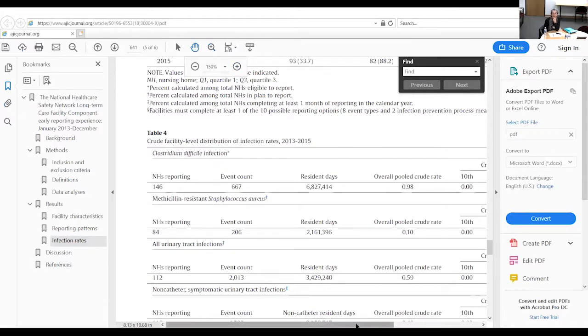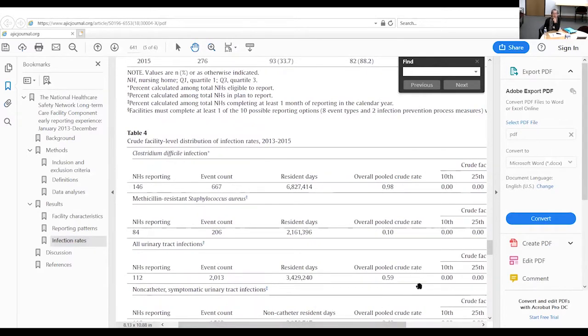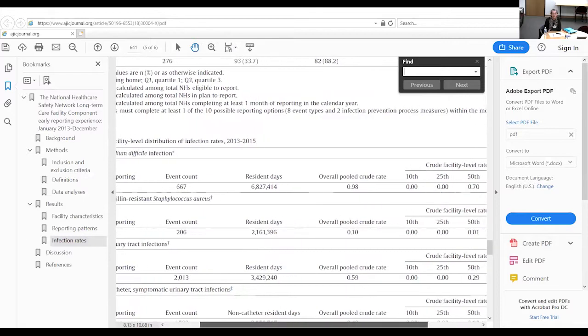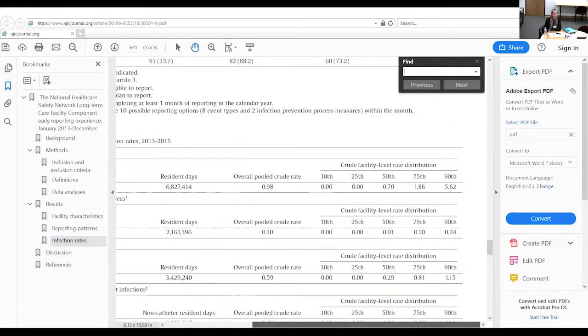So here's C. difficile. They have 146 nursing homes reporting on C. difficile. They have 667 cases. They had a total of 6,800,000 resident days. And scroll over, the overall rate was 0.98 cases of C. difficile, and this will be in per 1,000 resident days. And there's the percentiles, okay? So you can see the bulk of the cases were occurring at the rate of 0.7 to 5.62.